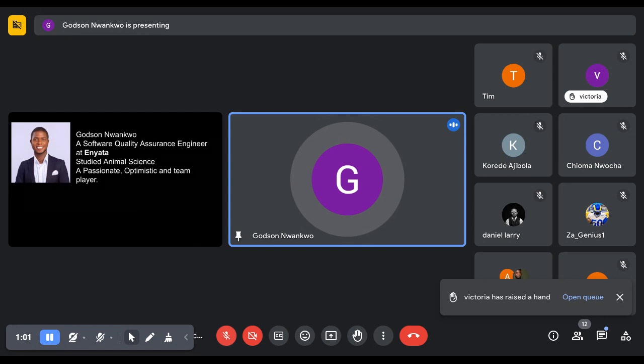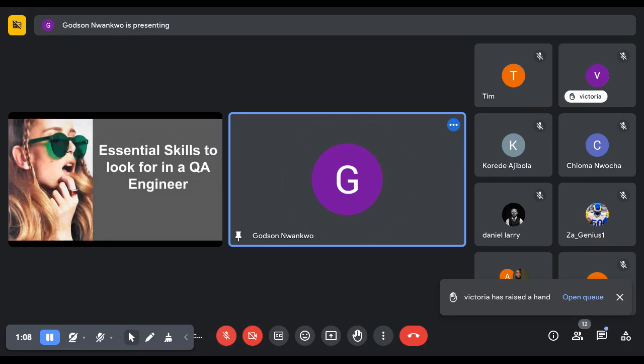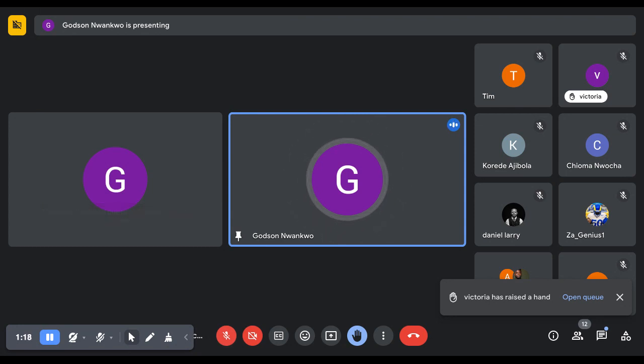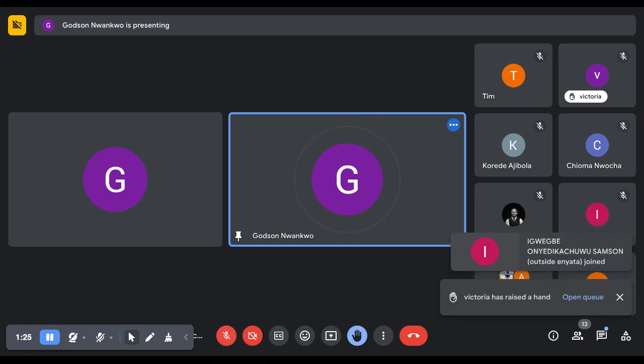And this evening, we will be discussing the essential skills of a software quality assurance engineer, or you can say a QA engineer.